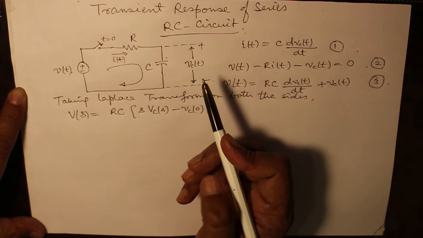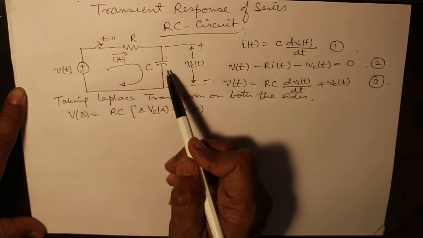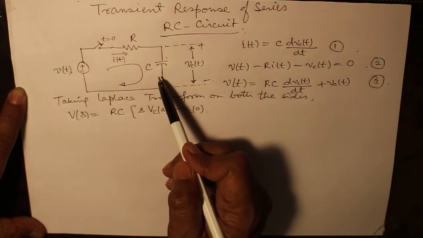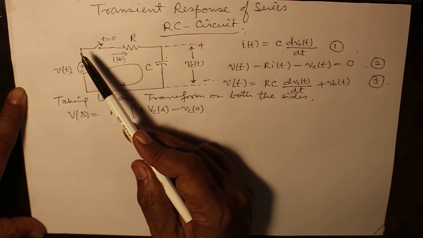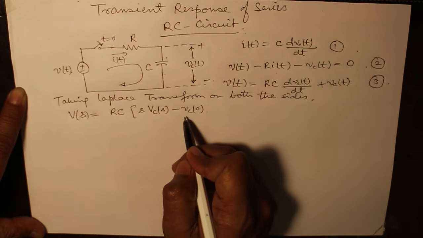It means earlier this capacitor was in the circuit and it was charged. That is, the charge which was left on the capacitor after the switch was made off, that led to the voltage VC(0).